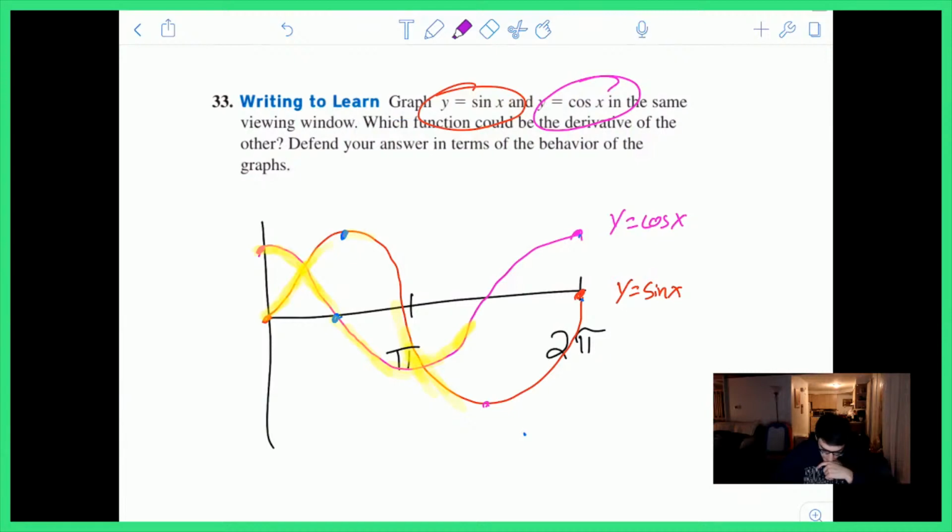So if my pink function is my original, I'm going to start up here. I'm going to decrease, I'm going to decrease, I'm going to decrease, right? Which means my derivative had better be negative. It's not, right? It's positive actually. And in fact, this whole region right here is all wrong.